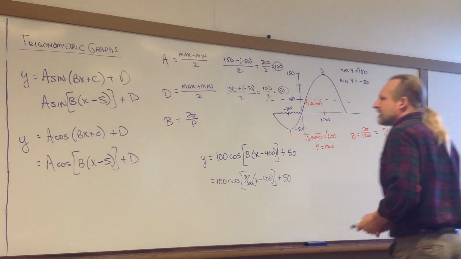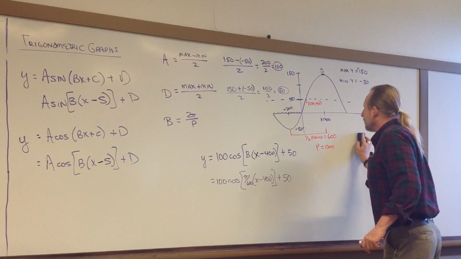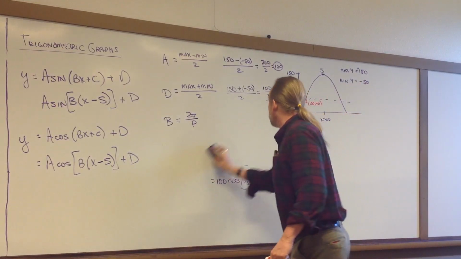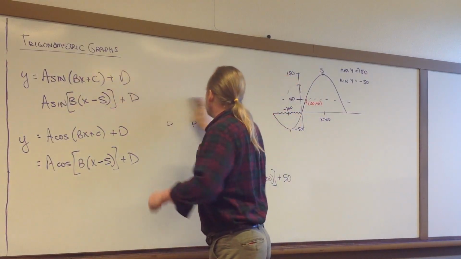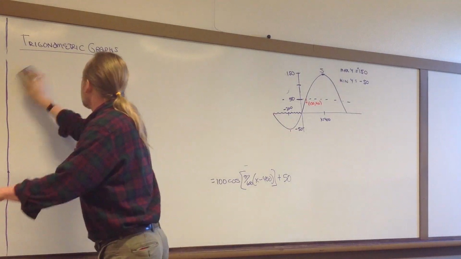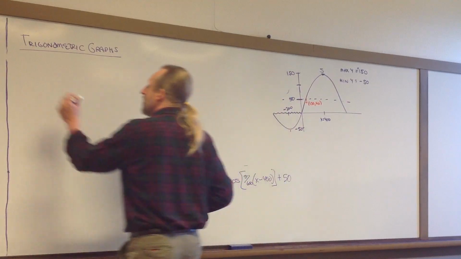All right, let's see here. Now let's erase most of what we've got here. Now that we've got our function, we don't really need most of this. And if you need to see it again, you can always back the video. All right, so let me rewrite this over here.